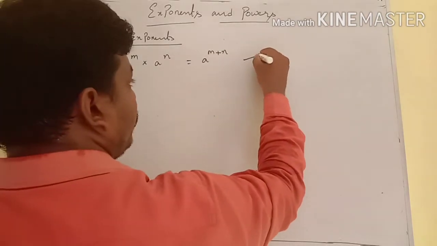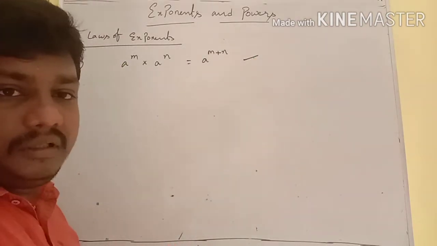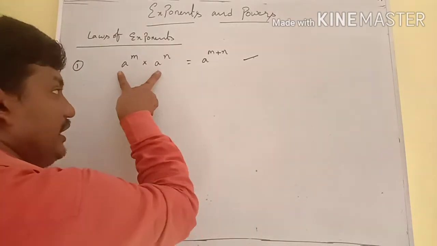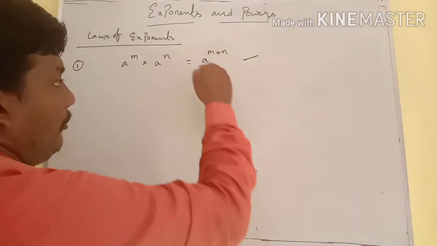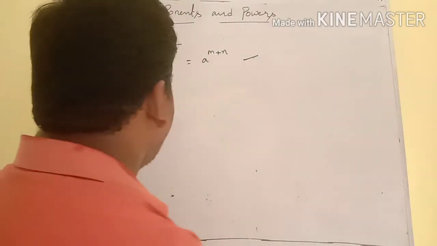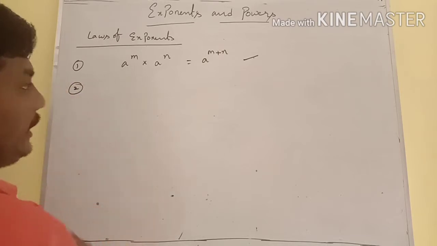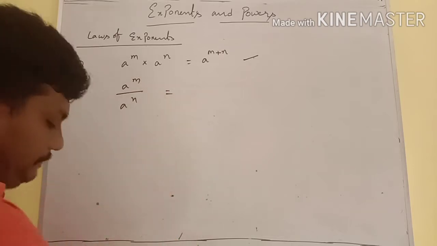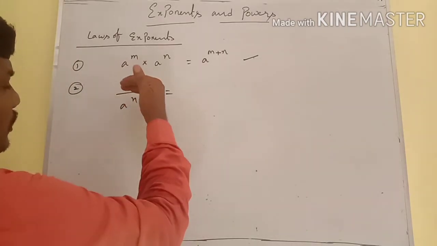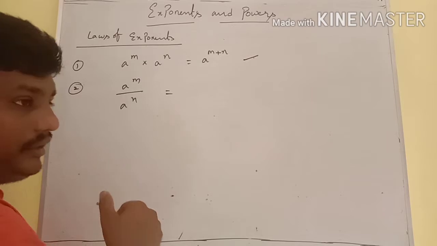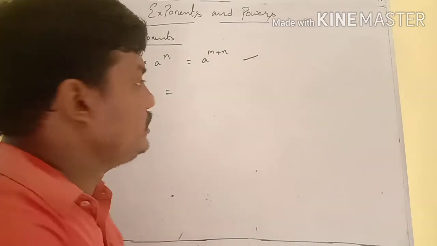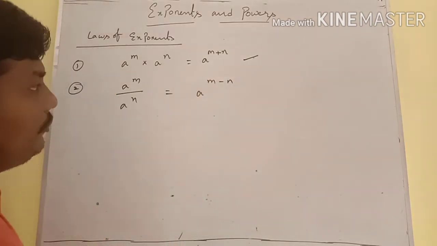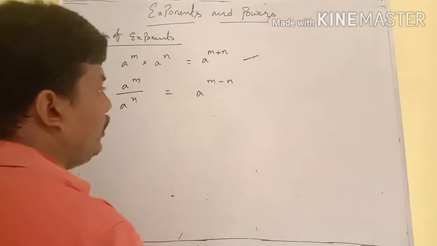This is also a very important formula. If two numbers are in exponential form with the same base, the powers should be added, that is a power m plus n. Next, coming to the second formula, a power m by a power n: if exponentials are under division, then the exponents will be subtracted.